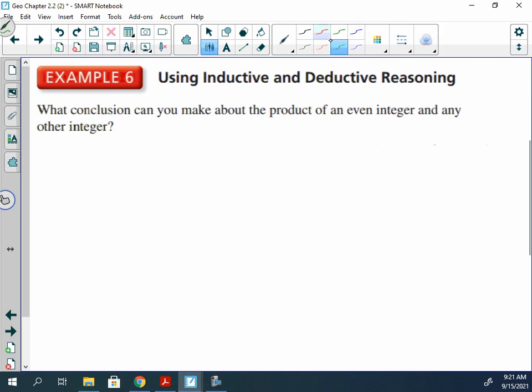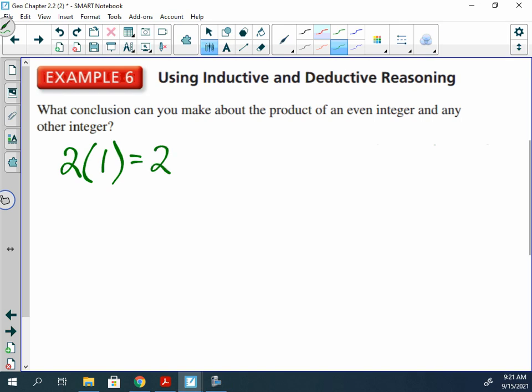How could I figure it out? I mean, we could try it because there are no actual definitions here that we have. So the best thing we can do is actually try it. So 2 times 1 is 2.